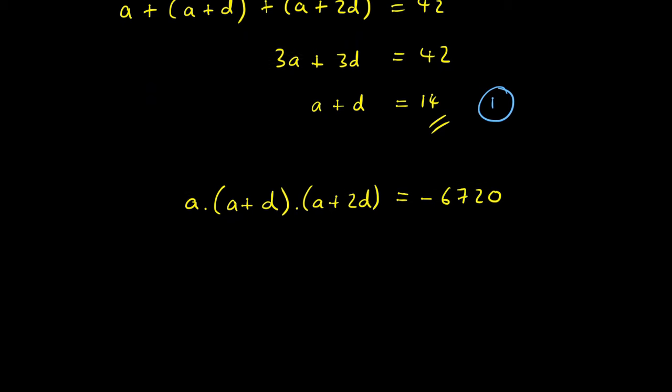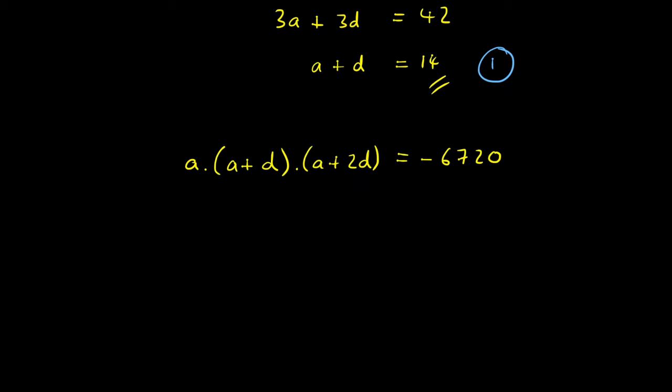Right, now we've already seen that A plus D is equal to 14, so the A plus D I can just replace with 14. So I'm going to get A times by 14 times by A plus 2D is equal to negative 6720.